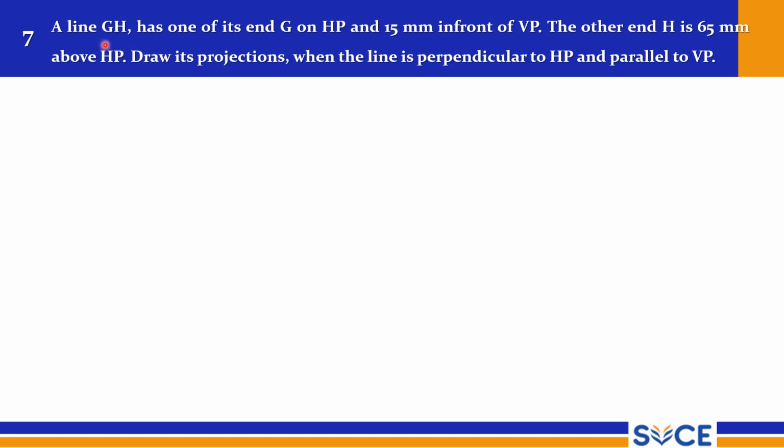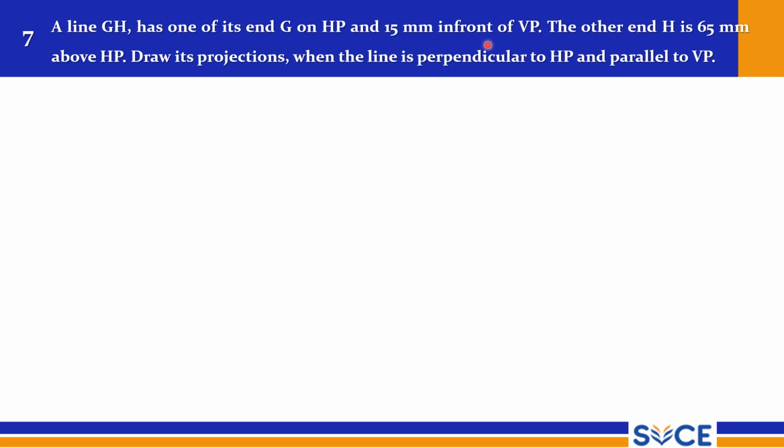So the true line is GH and G is on HP. So one end is on HP itself and 15 mm in front of VP. So G is 15 mm in front of VP, but it is on HP. It is contained by HP. So one end is on HP.